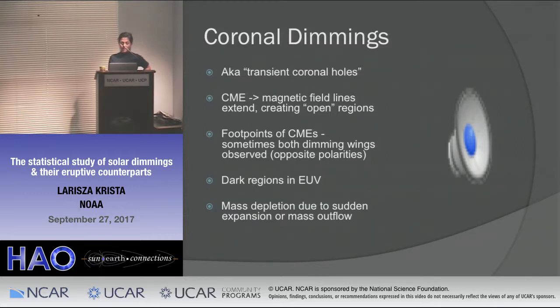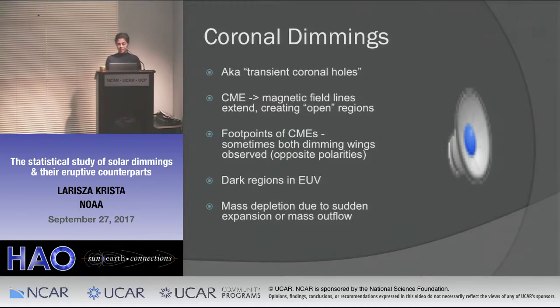So the dimmings are essentially the foot points of the CME structure, and if the stars are aligned in the right way, you might even see 2 foot points. And so this is the classical idea of a dimming structure where you have the 2 foot points of the CME loop. One is mainly positive polarity and the other one is negative polarity. The reality is that dimmings don't look like that. In fact, it's very rare to have a perfect double dimming.